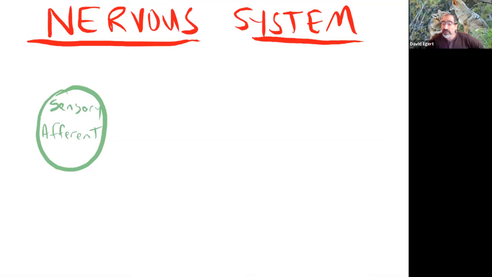In the sensory or afferent division is stuff you're more familiar with, like the five senses, like vision and touch and taste. But there are also all sorts of senses that are more internal, like what's your blood sugar doing? What's your temperature? How stretched out is your stomach and your intestines in the moment? What is your blood pressure? So the sensory division is both external and internal.